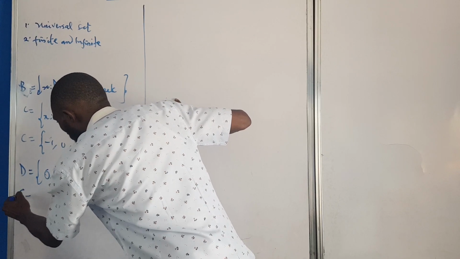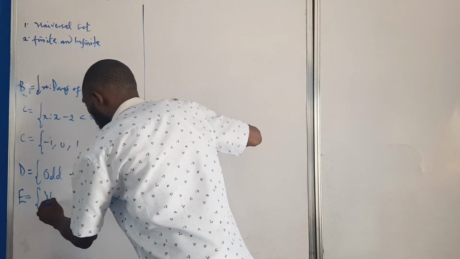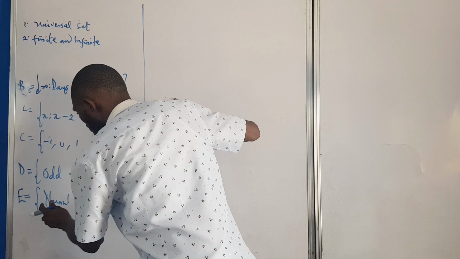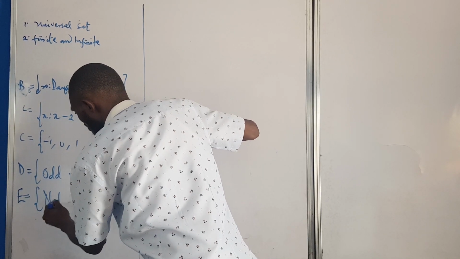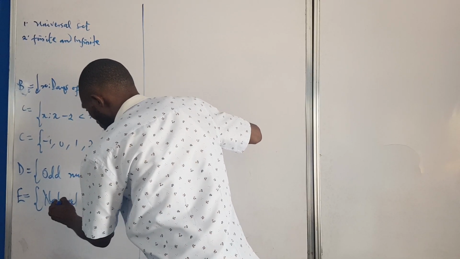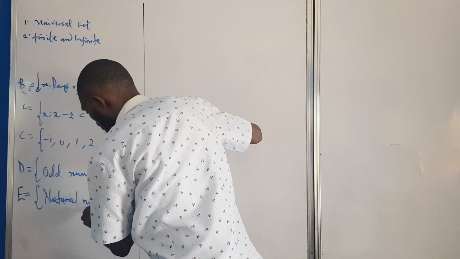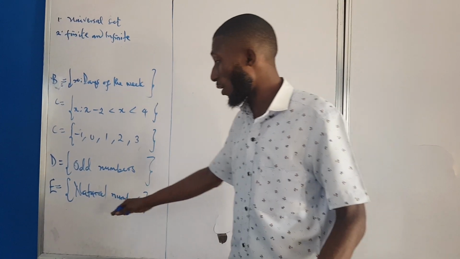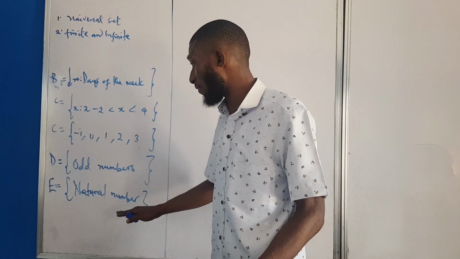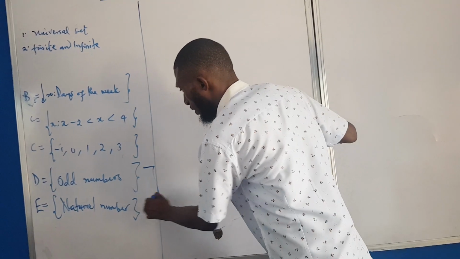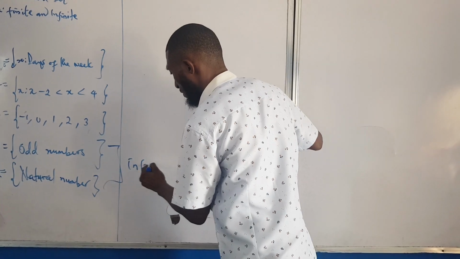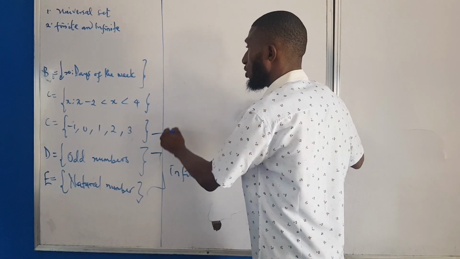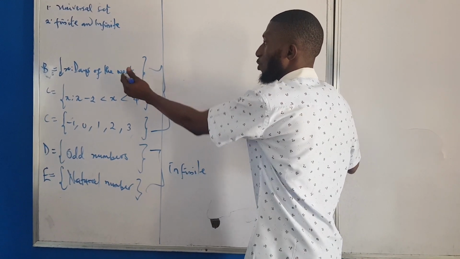Let's say E is another set which contains natural numbers. We don't know the complete value of it. So if you have any of these, we call it an infinite set.